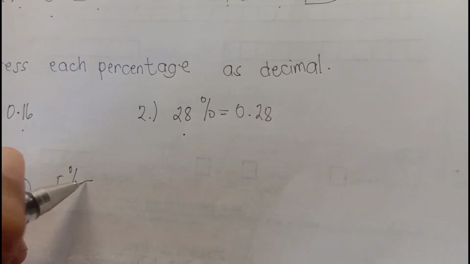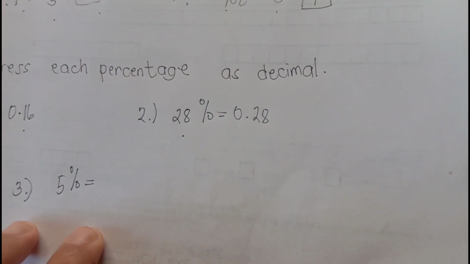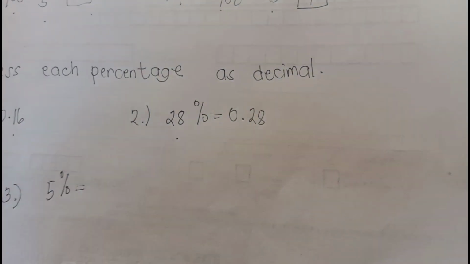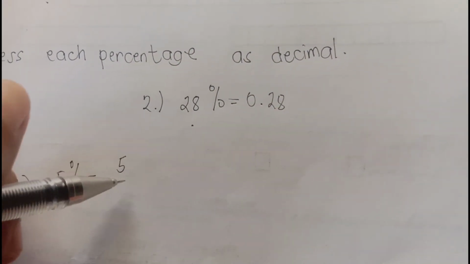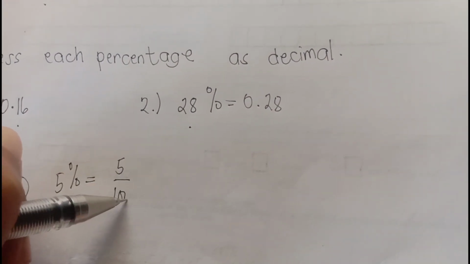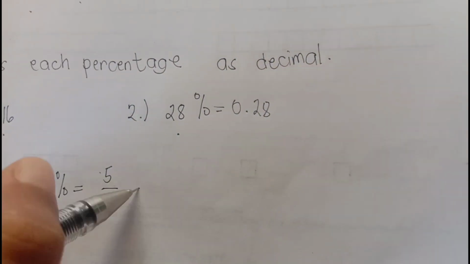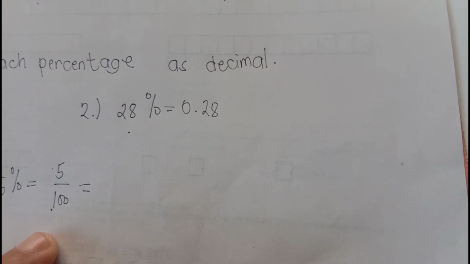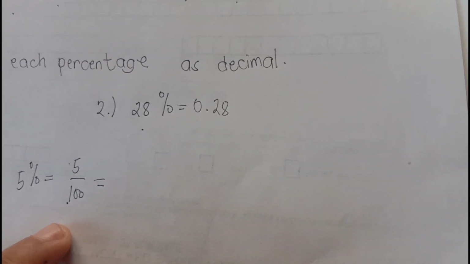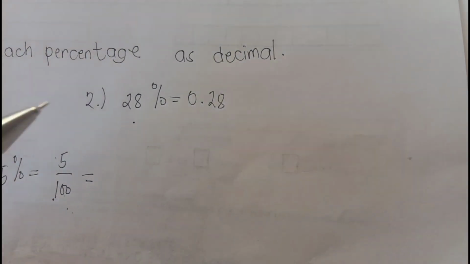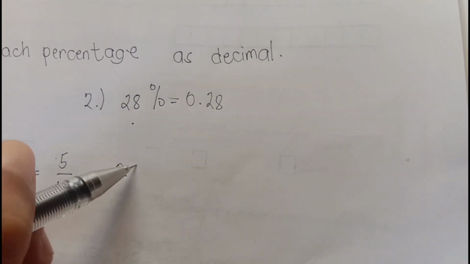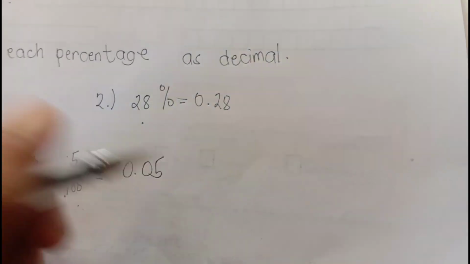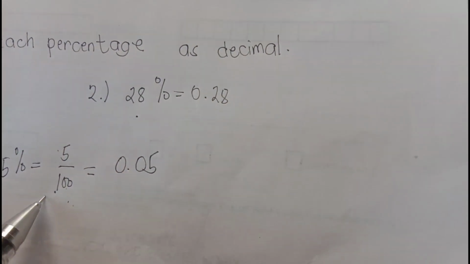As we express it as a fraction, 5% becomes 5 over 100. In decimal, we can write it as 0.05. This is 5 hundredths.